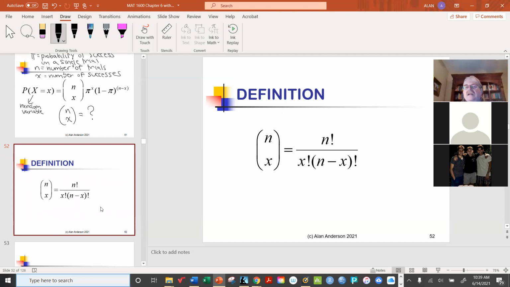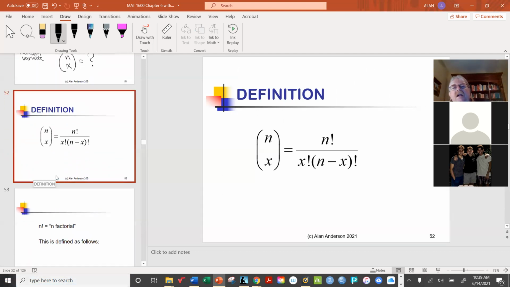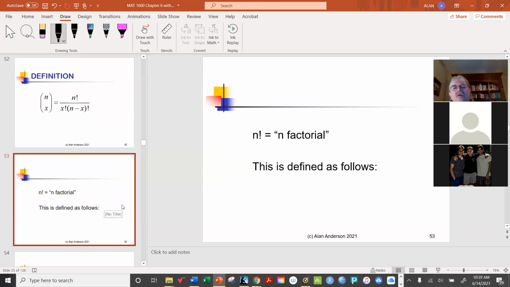Well, it turns out that it is a mathematical operator that you possibly have run into before. If not, we're going to explain it right now. First of all, it's pronounced factorial. N with that exclamation is called N factorial.